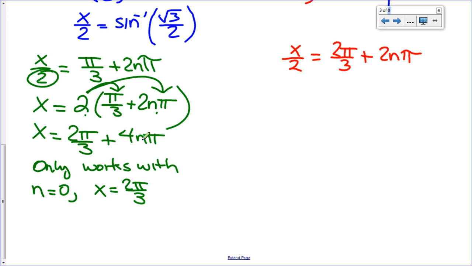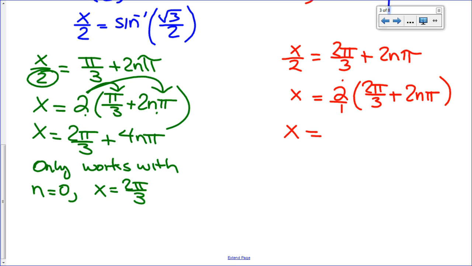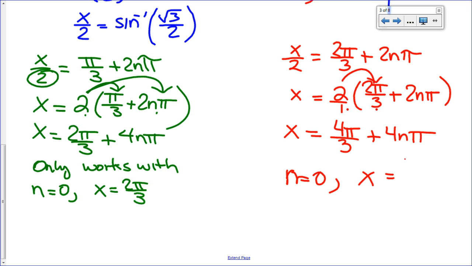Now with the other one, x is equal to 2 times all of that. So 2, remember right here, we only multiply numerator times numerator, so that would be 4 pi. Denominator times denominator, that would be 3. And here it will be 4n pi, so in reality, again, it only works for n equals 0, so the only solution will be 4 pi over 3.